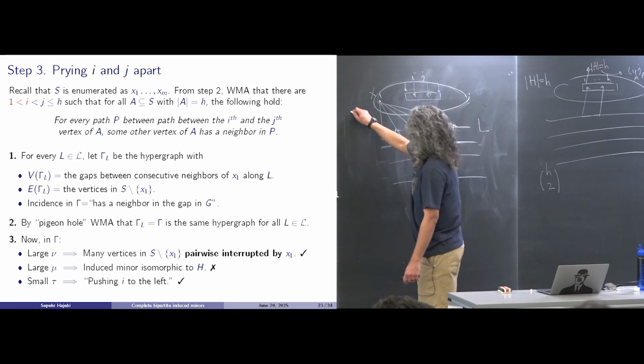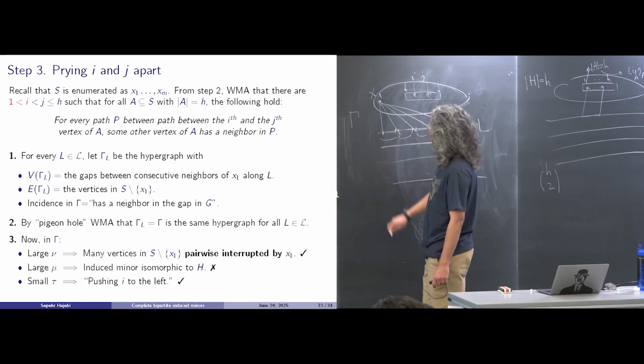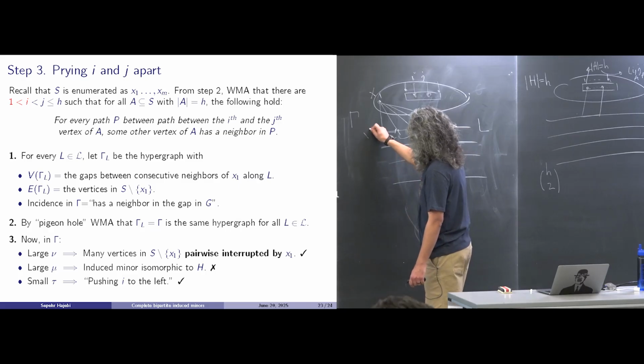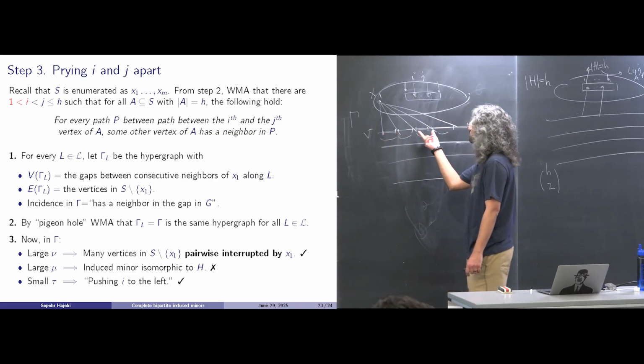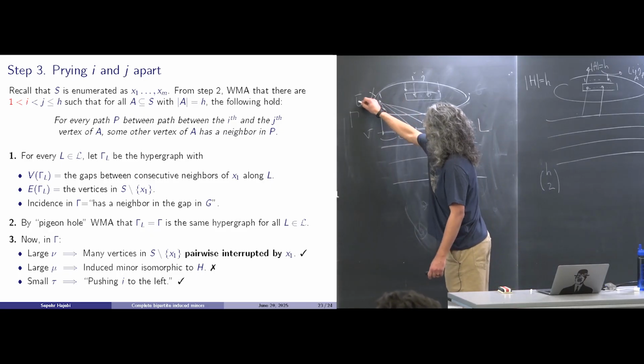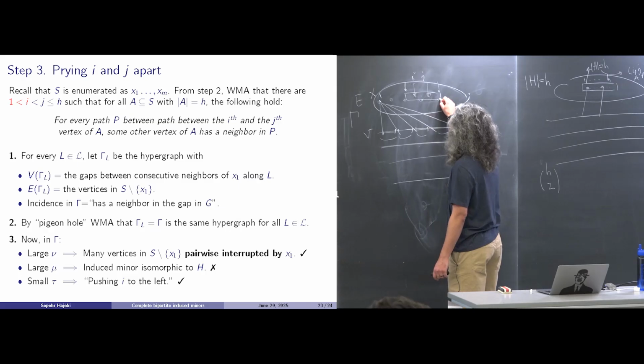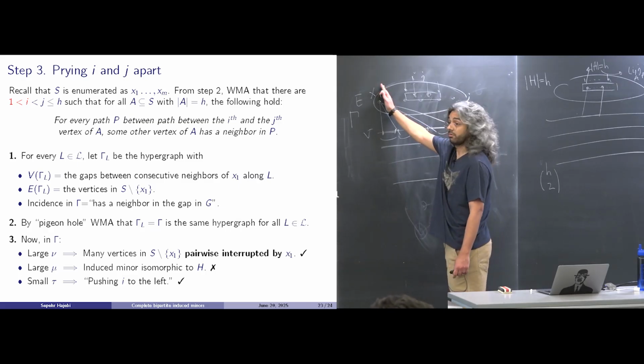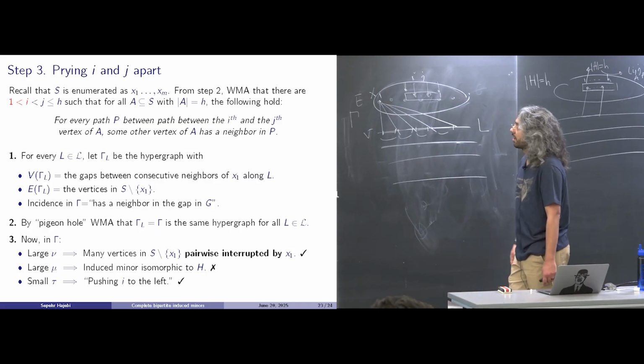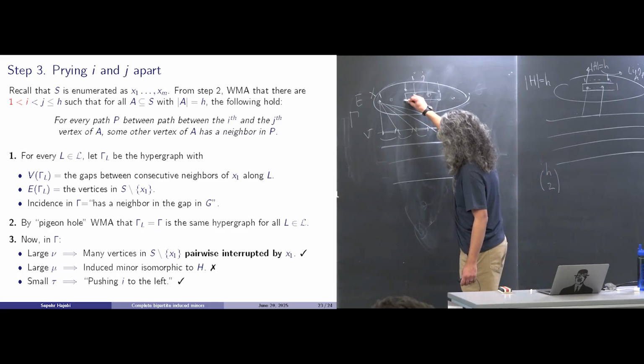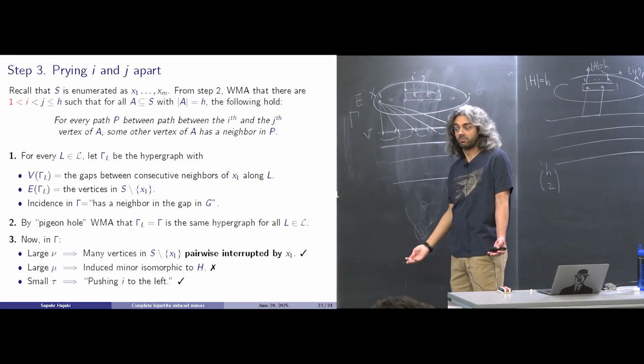So I'm going to define a hypergraph associated with this path. The vertices of the hypergraph are going to be these gaps. The edges of the hypergraph are going to be the vertices over here, except for x1. And the instance is going to be, does this vertex have a neighbor in this gap or not?